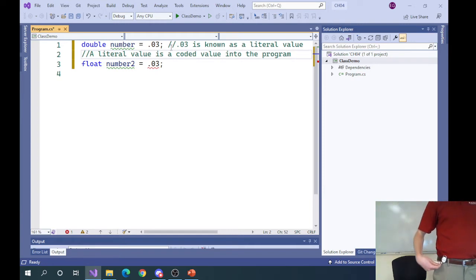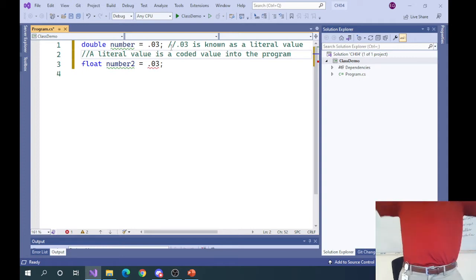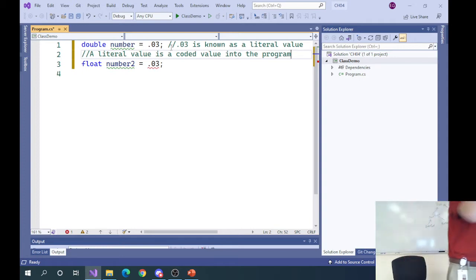So what the compiler sees here, and this isn't important, this is theory out of the book, this is common programming theory, is that you've got 15 points of precision on the right, and you've got 7 points of precision on the left. You're trying to take a big storage unit and cram it into a smaller storage unit.